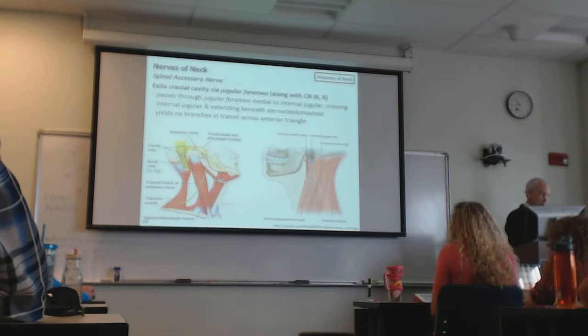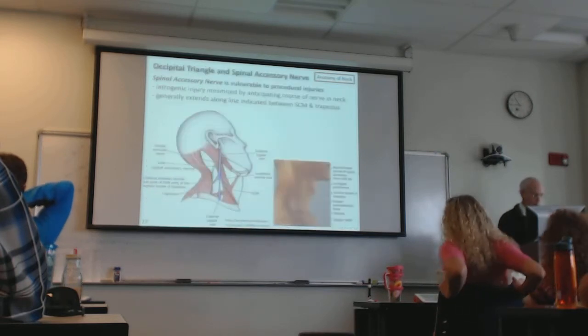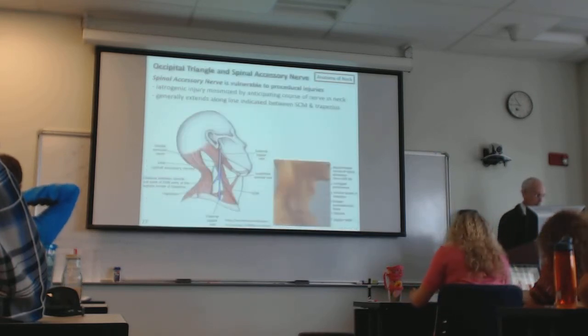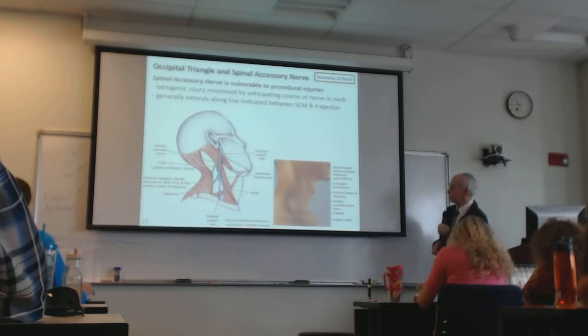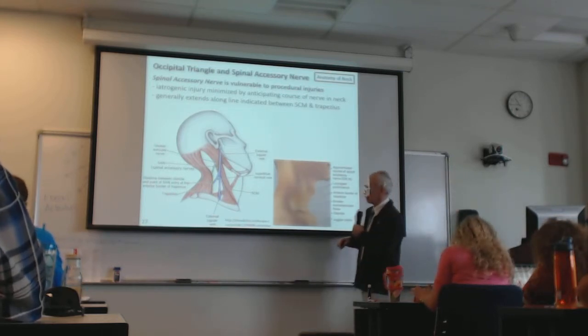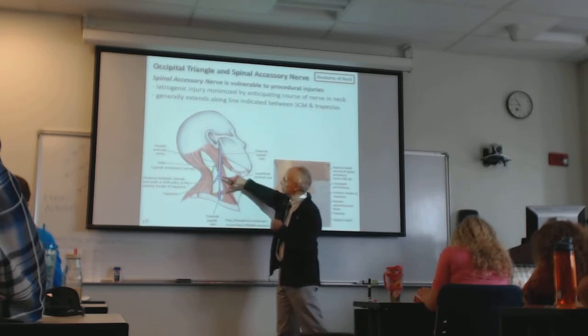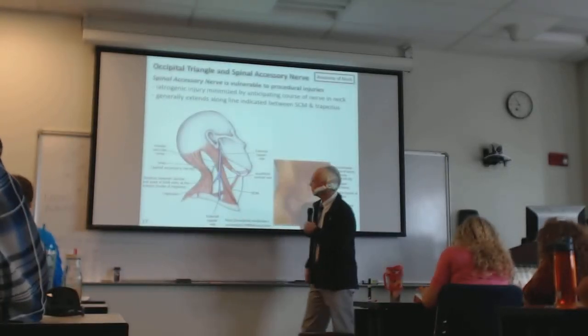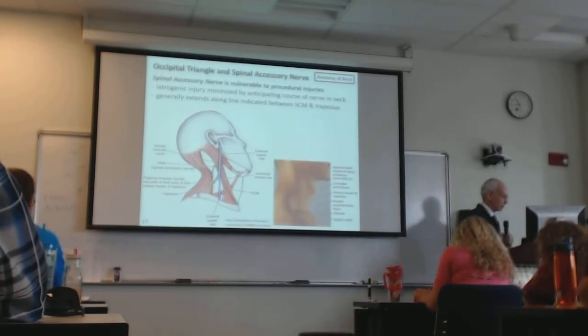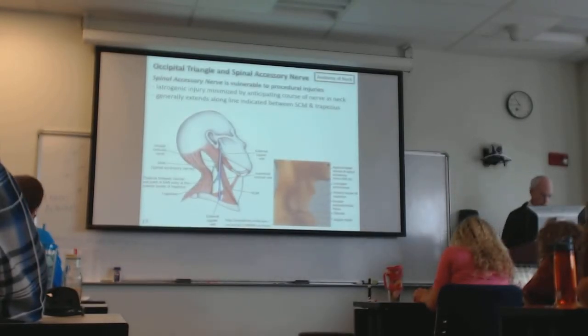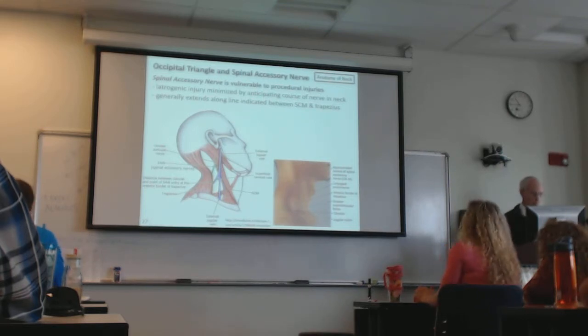And of course, the accessory nerve is innervating the SCM and the trapezius, as we talked about before. And I think they'll teach you some type of manual mnemonic you can use later to ensure that you don't puncture the external jugular or damage the spinal accessory nerve in this region. You see the general axis and the orientation of it there.